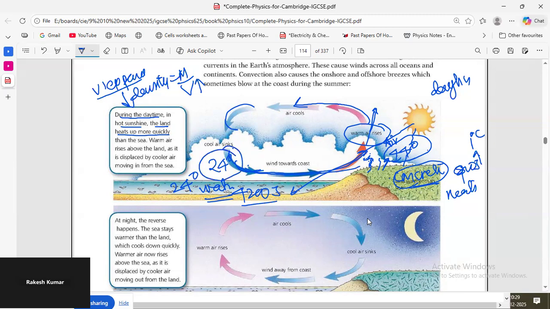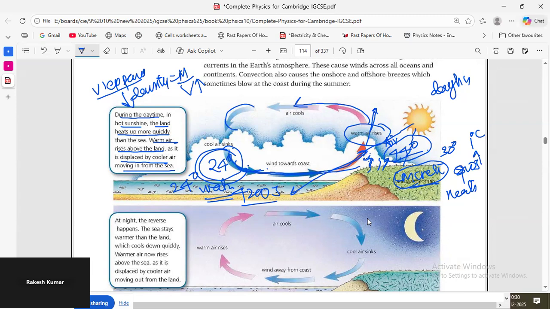Near the seas, the temperature doesn't really rise, because in the day, warm air rising above the land is displaced by cooler air from the sea. It averages out to around 25 or 30 degrees, so the air over the water doesn't let it become too hot in the daytime.